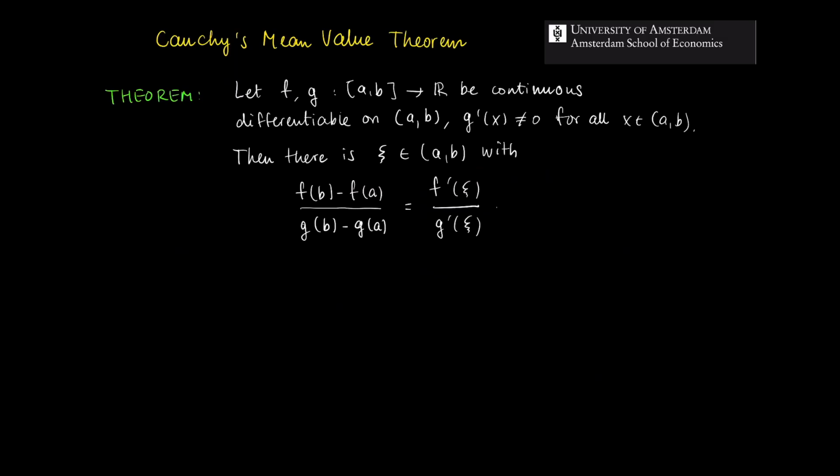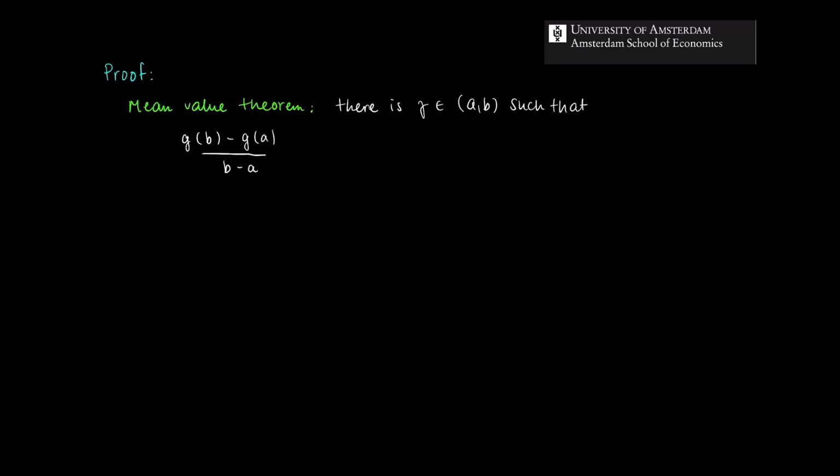Okay, I will now provide a proof of this one. What we're going to do is apply the mean value theorem first, to g. Well, what is the mean value theorem? The mean value theorem says there must be a gamma inside (a, b) such that (g(b) minus g(a)) divided by (b minus a) equals g prime of gamma.